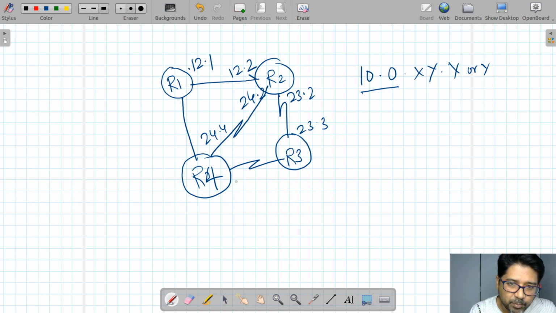So what will be the IP for this 34? Always you take, like you can say this is 34 or 43, no, the lower value we will prefer. This will be 34.4 and this is 34.3. Here if you see there's 41 and 14, I will prefer 14.4 and this will be 14.1.